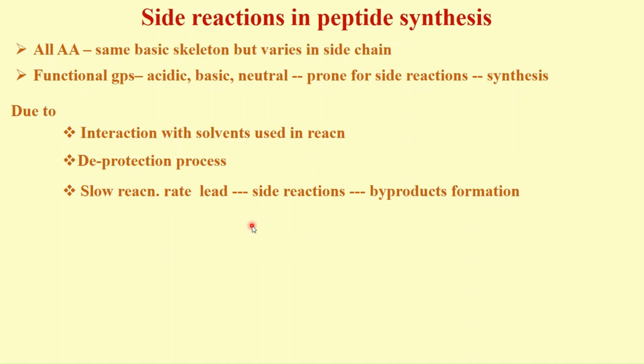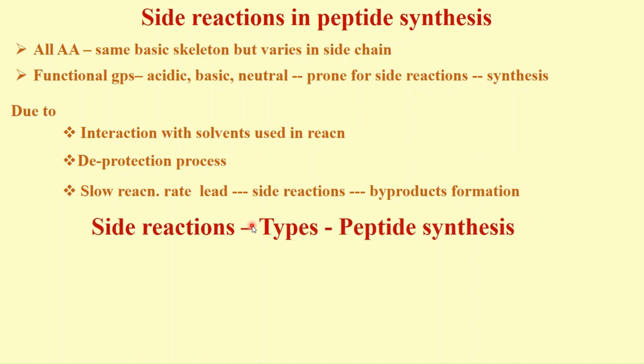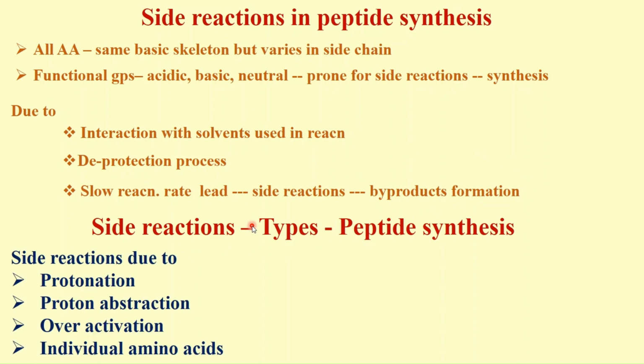What are the types of side reactions we can come across in peptide synthesis? Side reaction can occur due to protonation. Protonation occurs generally in the presence of an acidic environment, or it can also occur due to the abstraction of a proton. This generally occurs in the presence of strongly basic conditions, or overactivation can also lead to side reaction.